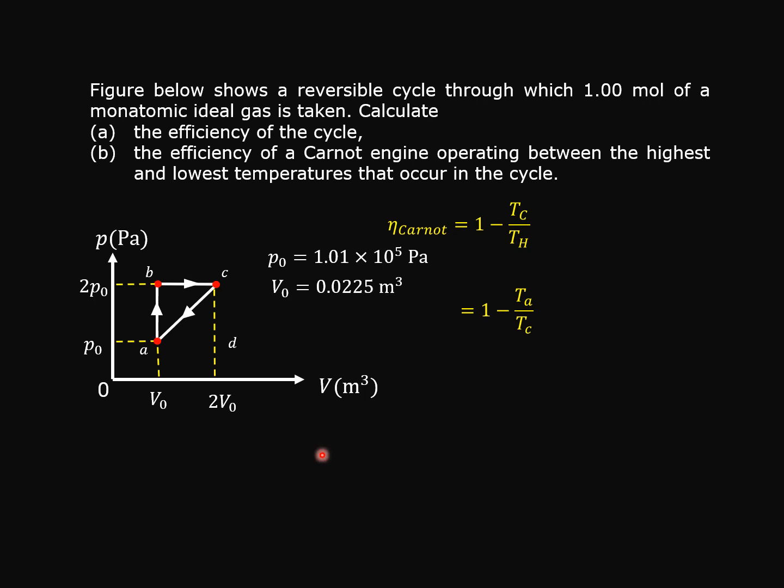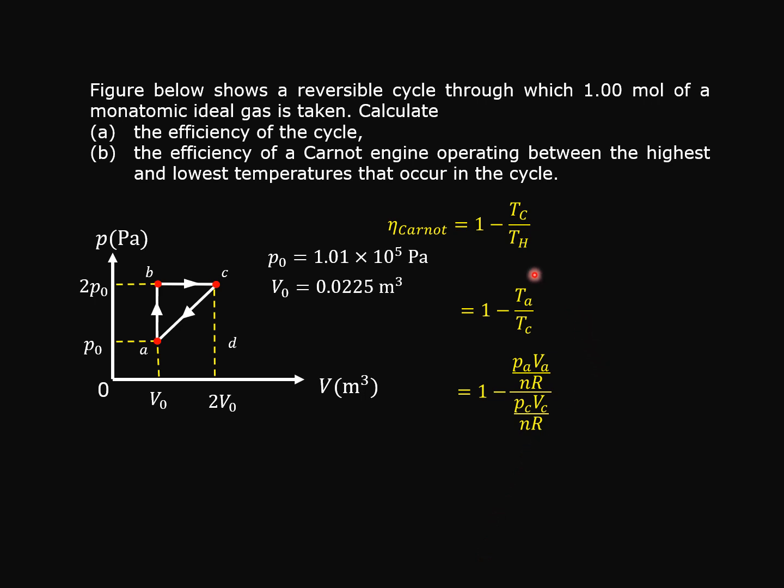From the result of the analysis that we performed just now, we know that in this entire process, the highest temperature is attained when the state is at C, and the lowest temperature is at A. So we substitute the cold temperature as TA and the hot temperature as TC to calculate the Carnot efficiency.